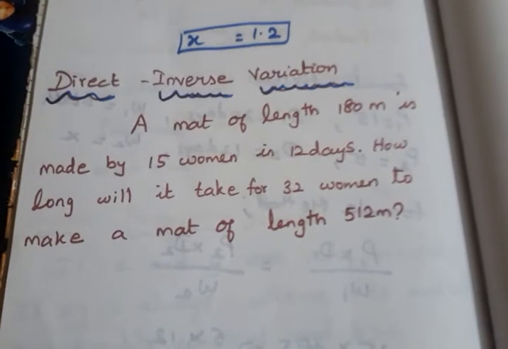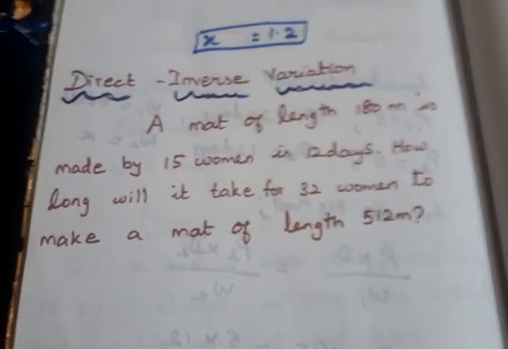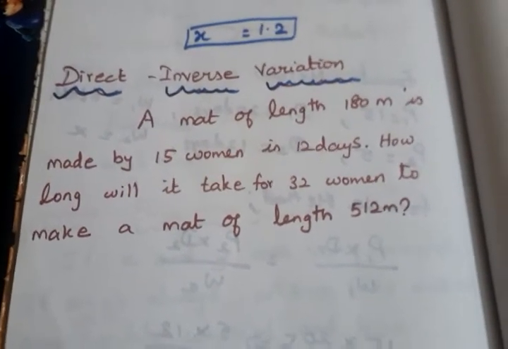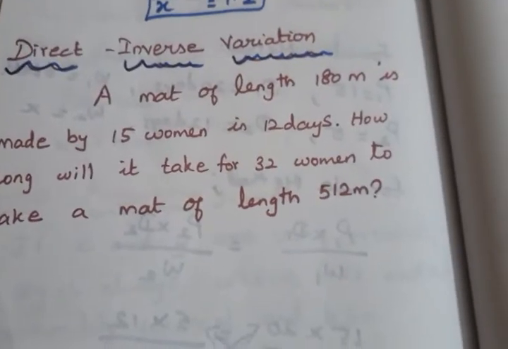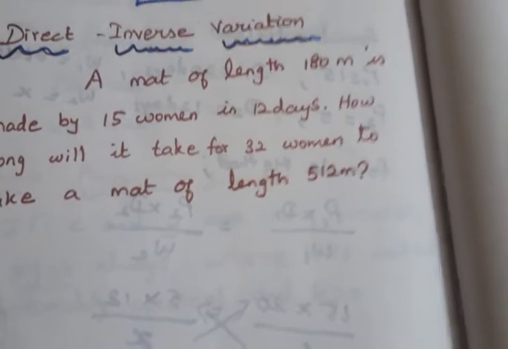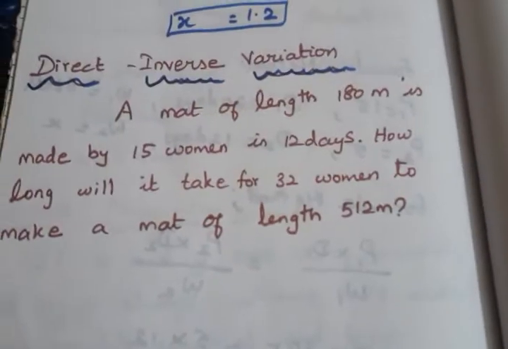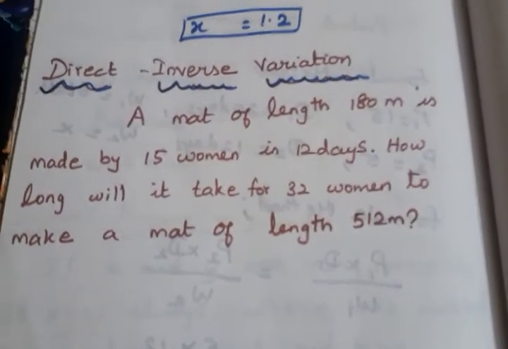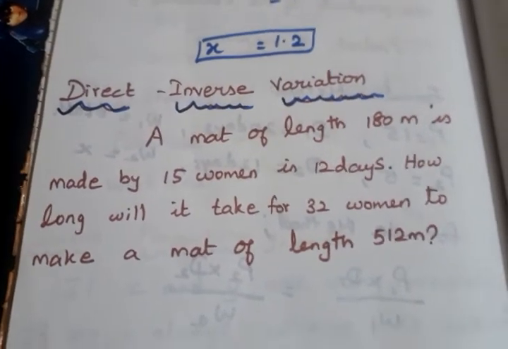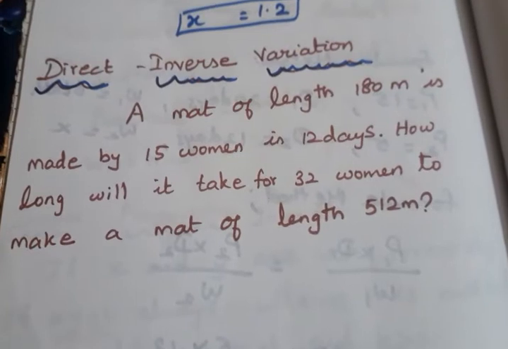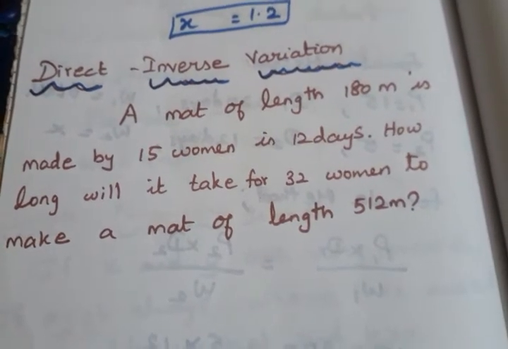If X and Y are varied inversely, if y is equal to kx, is that an inverse proportion or direct proportion? No, that is a direct proportion.